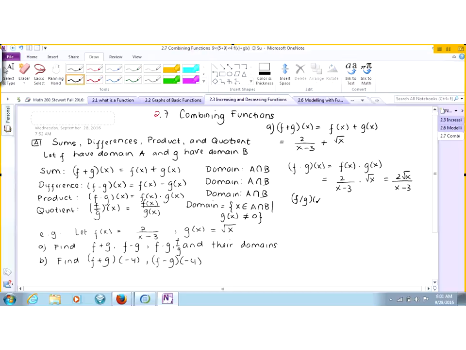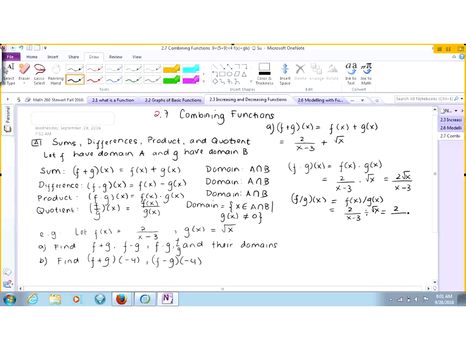What about F over G of X? So this is F of X over G of X. So 2 over X minus 3 divided by square root of X. So what am I going to do next?